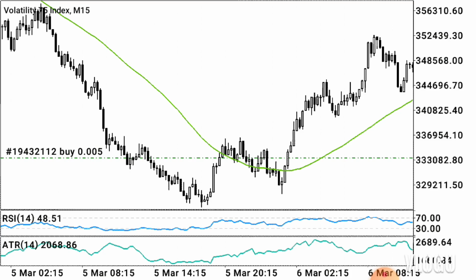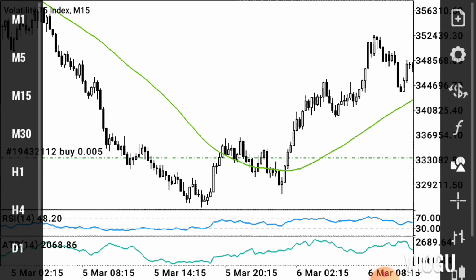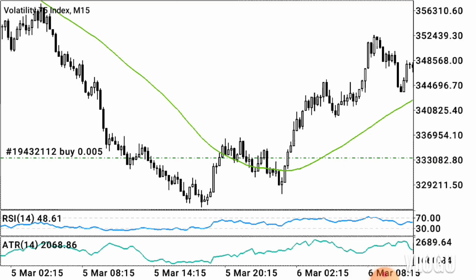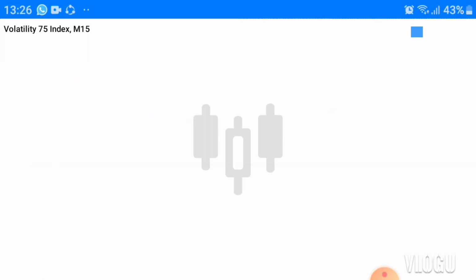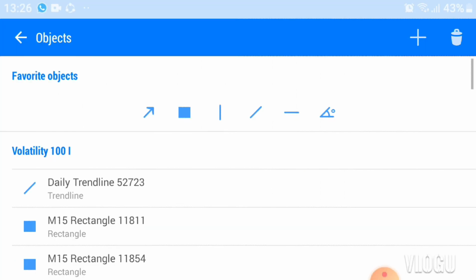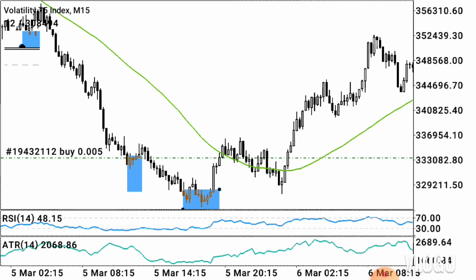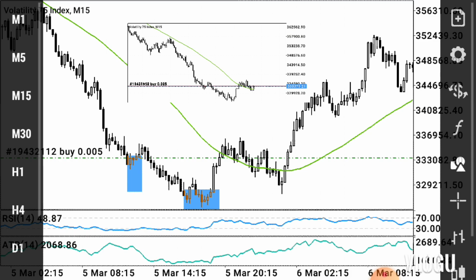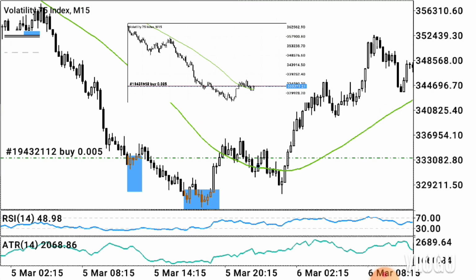price action pattern, which is a head and shoulders. I noticed the left shoulder had formed right here. That was my left shoulder, and then I noticed the head, and then I noticed another right shoulder.